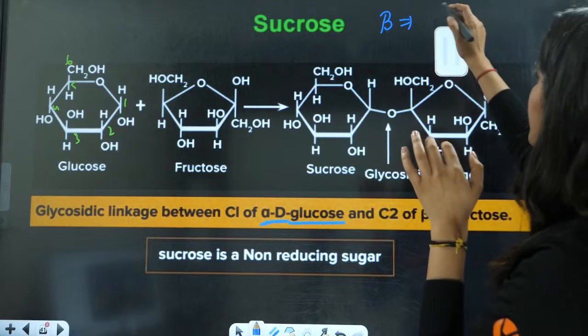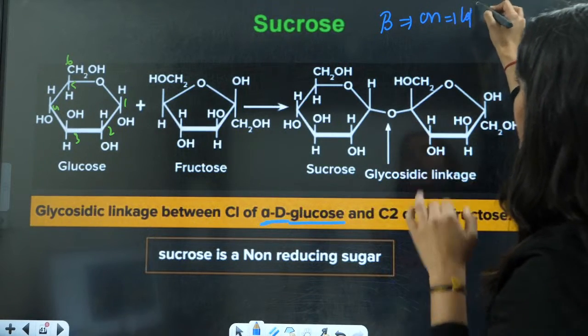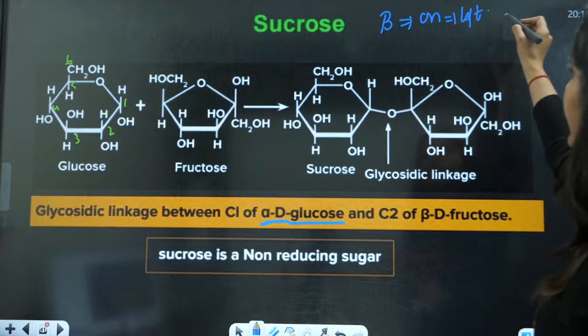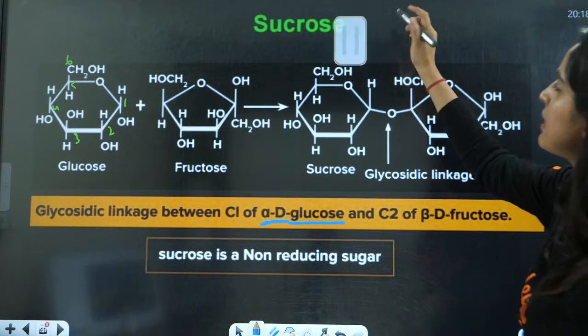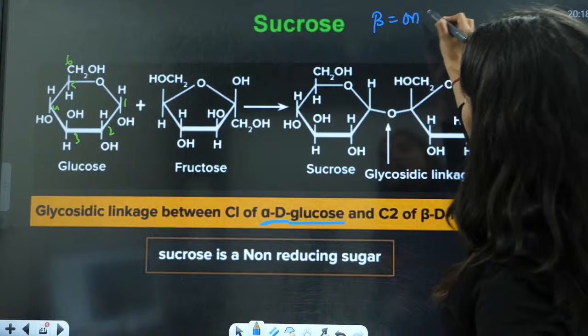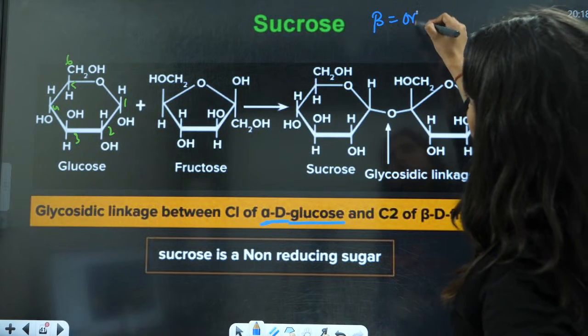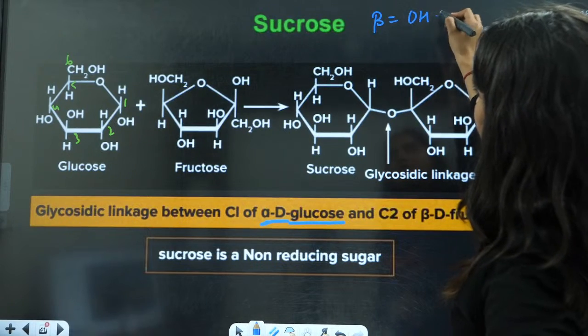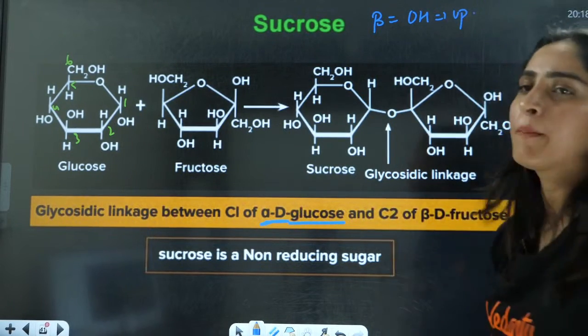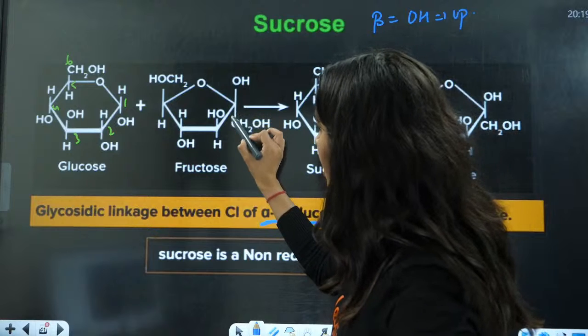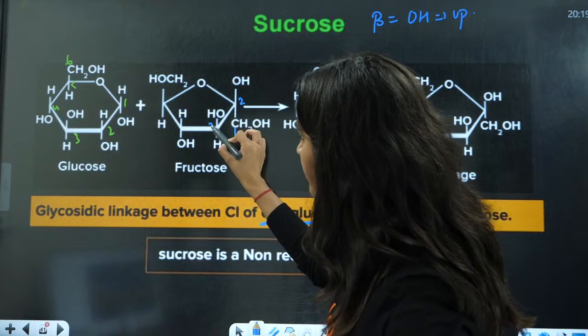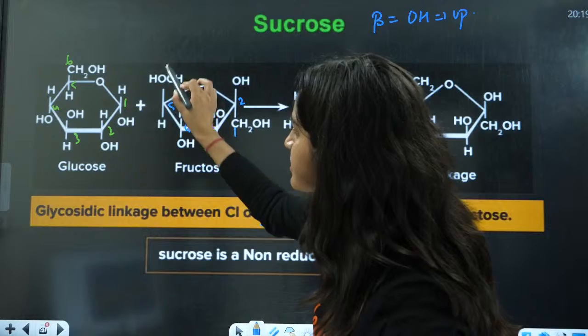Beta means the OH is on the left side, and left means it is going to be on the upside. So this is 1, 2, 3, 4, 5, 6.